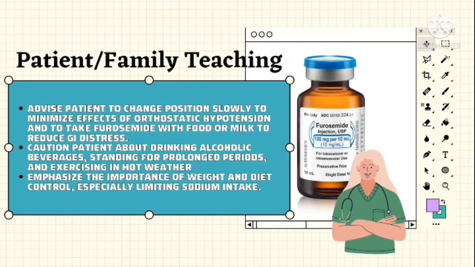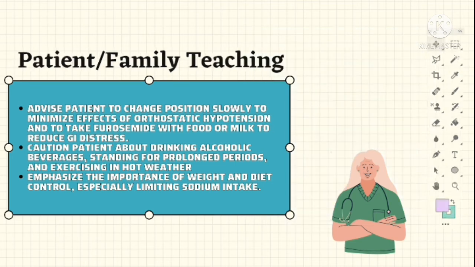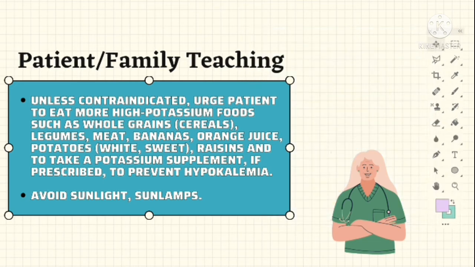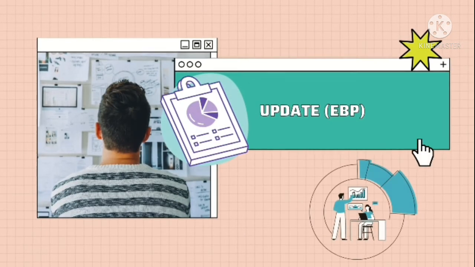Also, emphasize the importance of weight and diet control, especially limiting sodium intake. Unless contraindicated, urge patient to eat more high-potassium foods such as whole grains, legumes, meat, bananas, orange juice, potatoes, and raisins. Also, avoid sunlight and sun lamps.